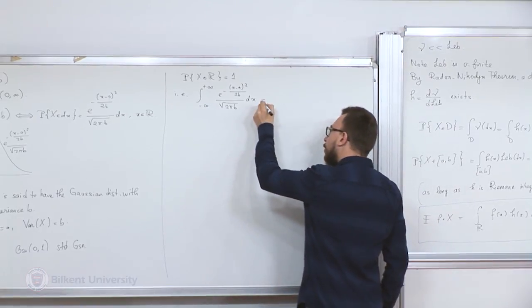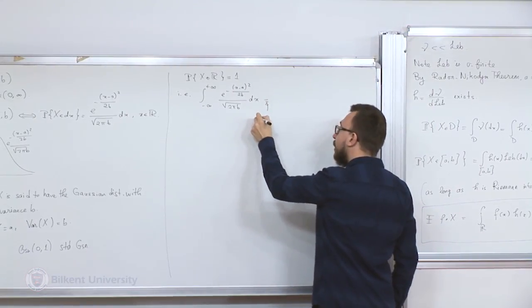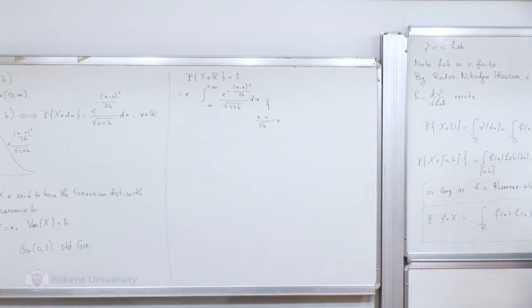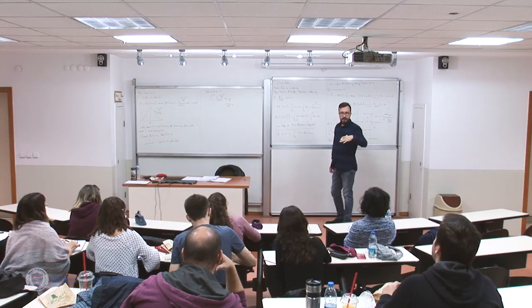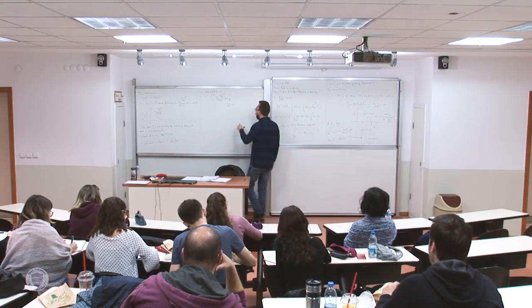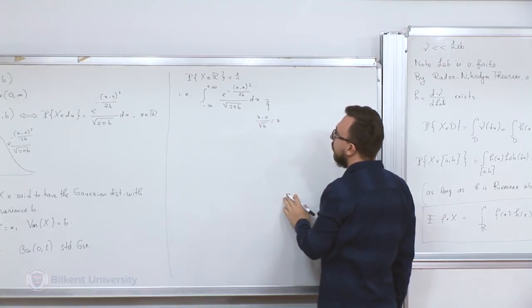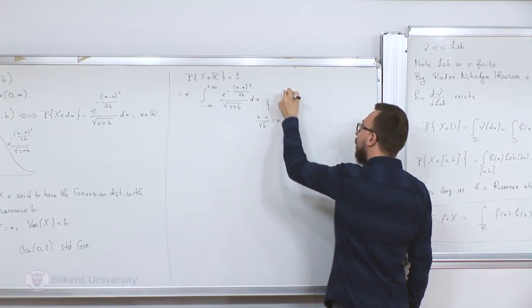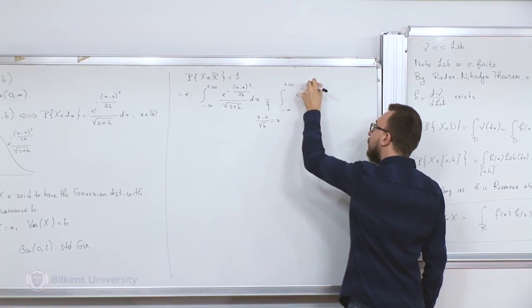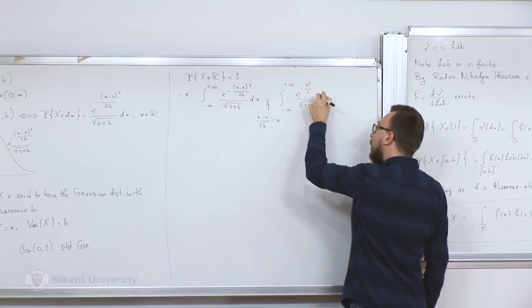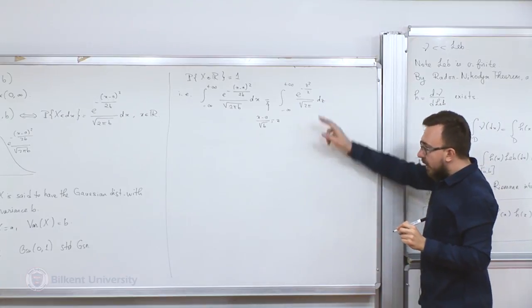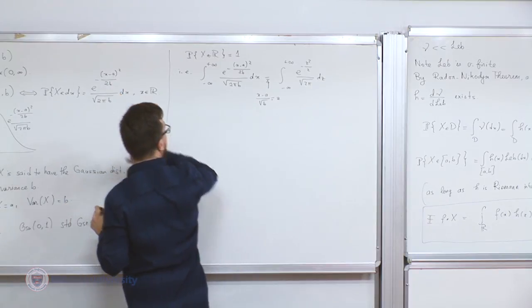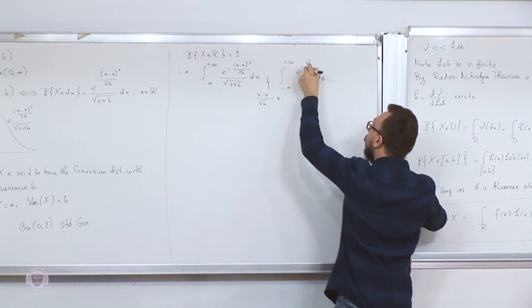First of all, what you can do is to get rid of your a and b. So you can define z, which is x minus a over square root of b. So x minus mean divided by standard deviation. We do this as a change of variable. Then what you get is e to negative z squared over 2, over square root of 2 pi, dz, which is the case where a equals 0 and b equals 1.